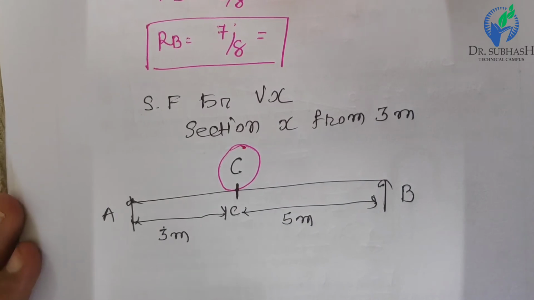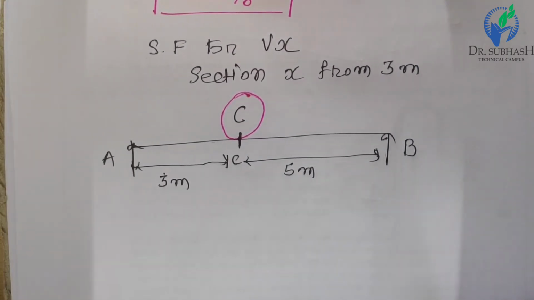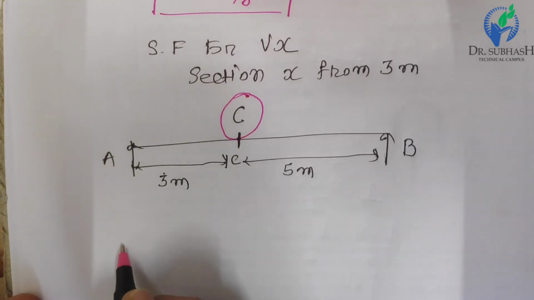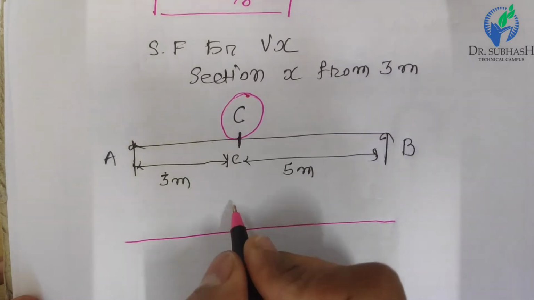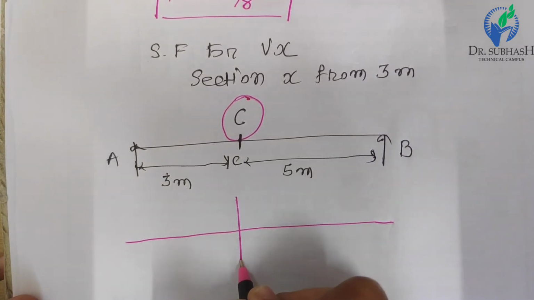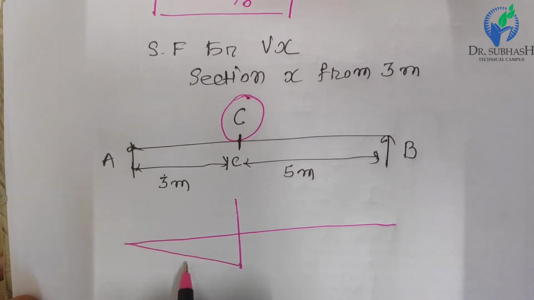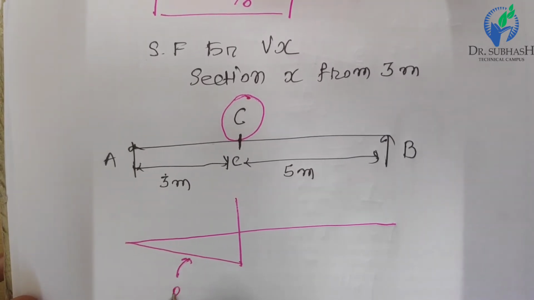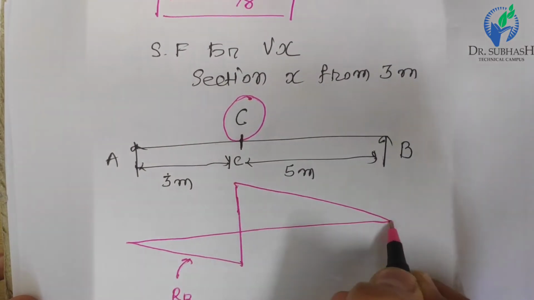We all know that the shear force effect is the combination of RA and RB. So we have to cut our section at point C. In that, the left hand side portion is the effect due to RB and the right hand side portion is the effect due to RA.